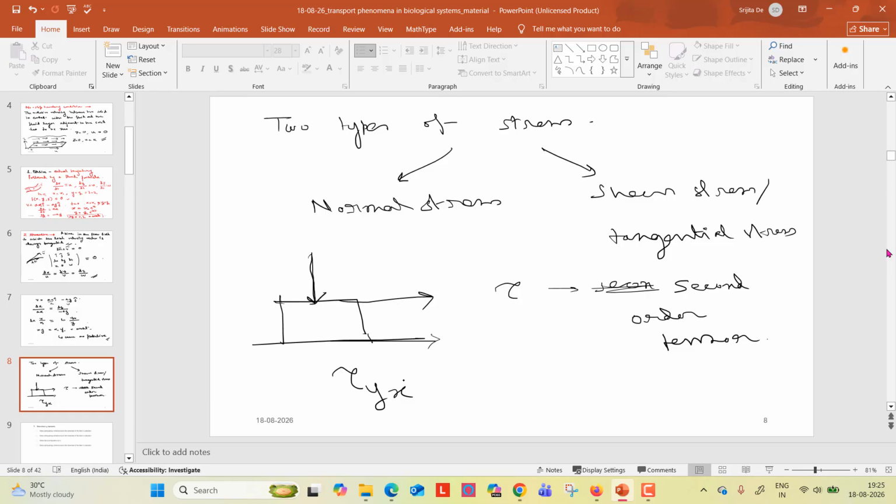So what do they represent? So y represents the direction of area on which the stress is applied.